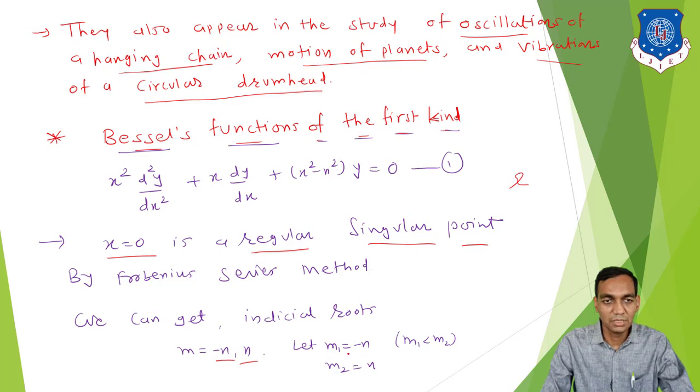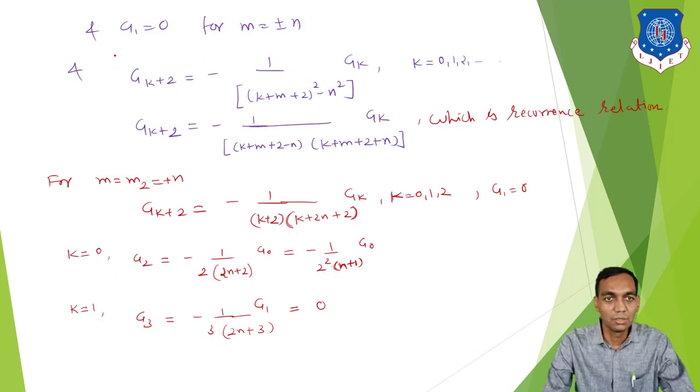I am concerned with both of them. Now a1 is going to be 0 for both of them. We have to apply the same process which we applied in case 3 and case 4.